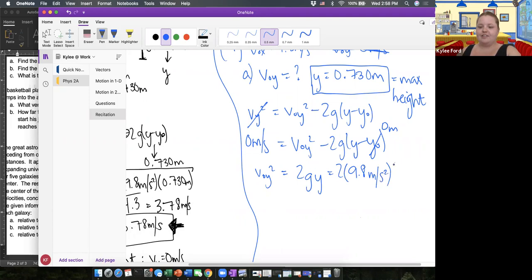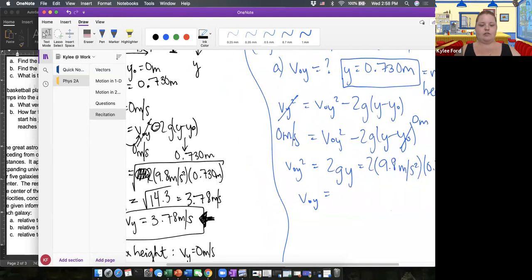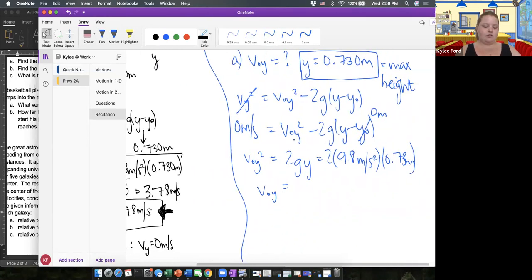With 0.73 meters, take the square root and we get our V naught Y. So, 2 times 9.8 times 0.73, square root, whoops.